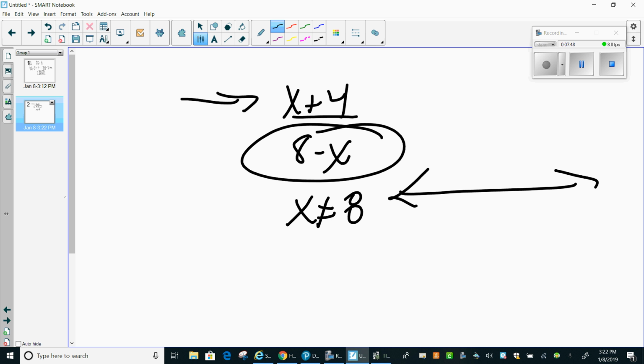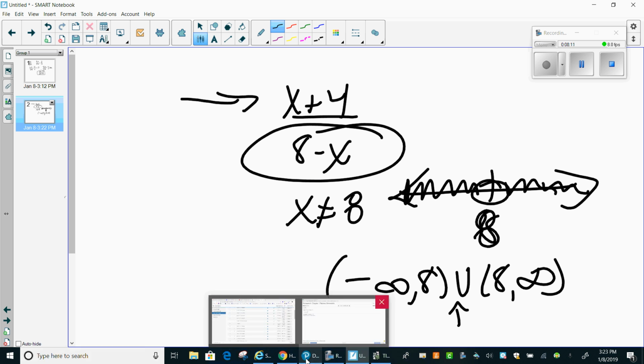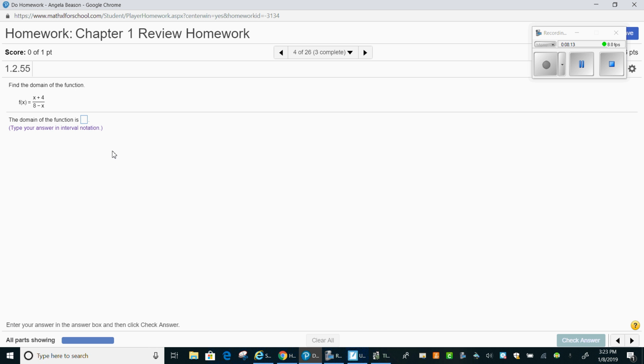If you think about that on the number line, x can be all this stuff, and it can be all this stuff, all this stuff, but it can't be 8. So if I'm going to write that in interval notation, it will be from negative infinity to 8 and from 8 to infinity. This union symbol here is not a U, it's a union symbol. So make sure when you type it in that you're typing the union symbol.